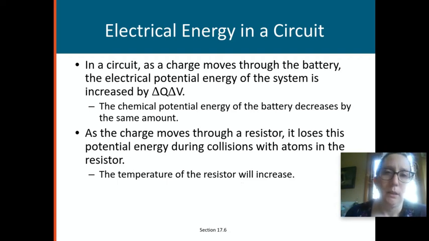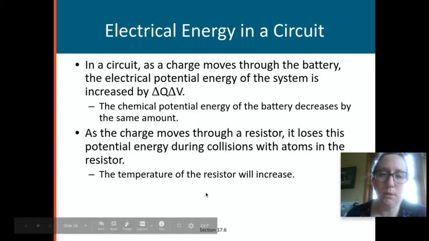So this is talking about how energy moves in a circuit. So obviously when you have a battery, you're moving charge and potential, okay? As it moves through a resistor, it loses potential energy because it's being slowed down.